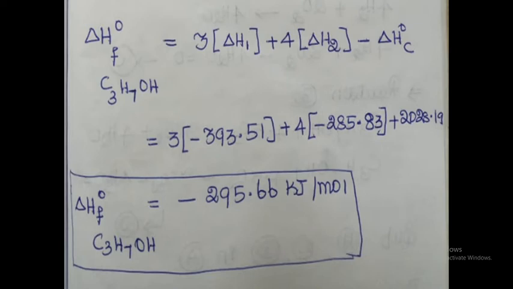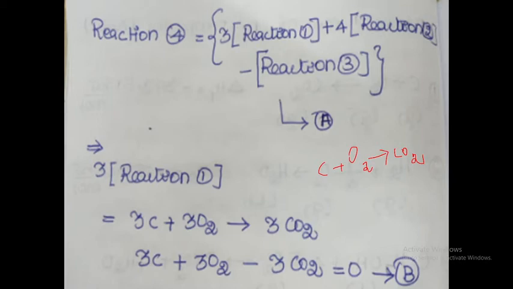You should take those values, substitute here, and find the standard heat of formation of N-propanol liquid. Finally we get minus 295.66 kilojoule per mole. Next we are going to develop the expression of standard heat of formation of N-propanol liquid.